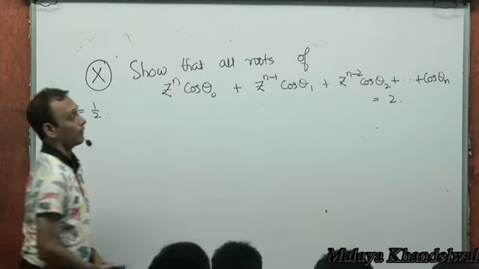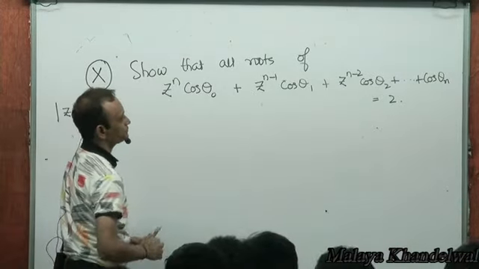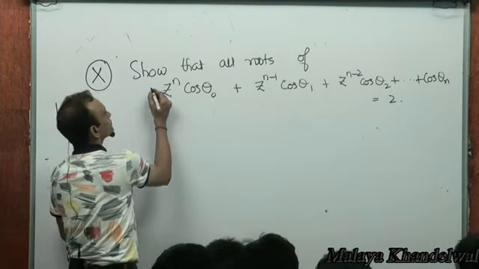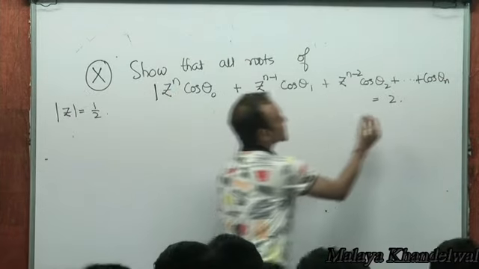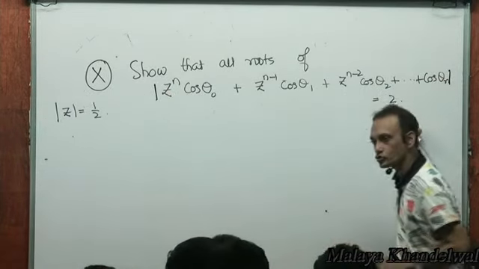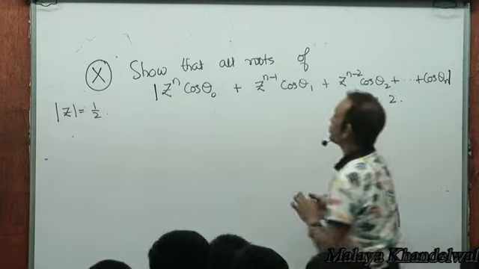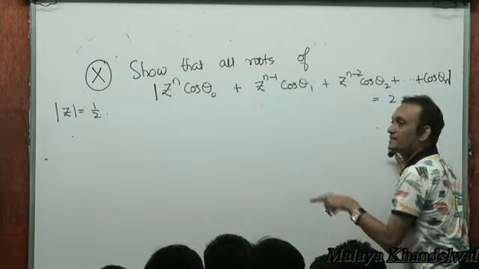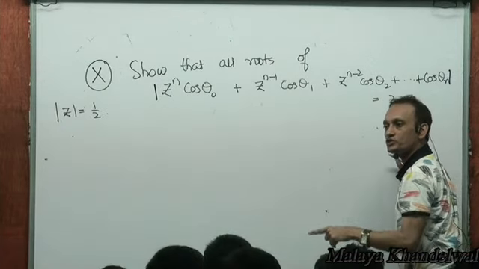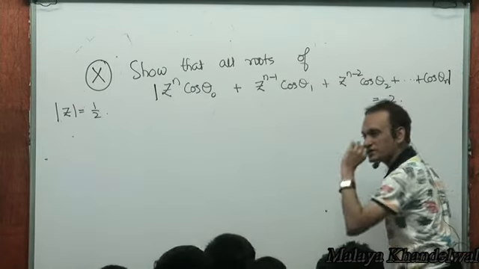Clear? Now, if this is this, then mod of this is 2. Mod of z1 plus z2 plus z3 plus zn would be less than or equal to mod z1 plus mod z2 plus mod z3 plus mod zn. Yes or no?